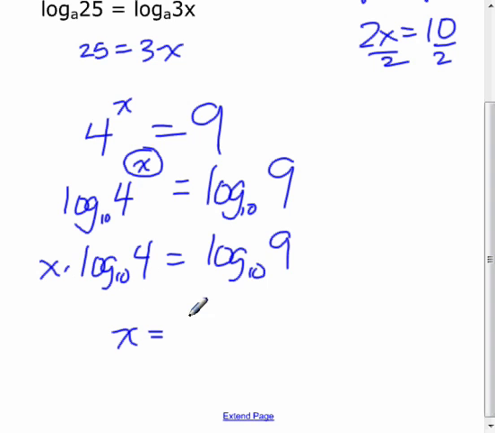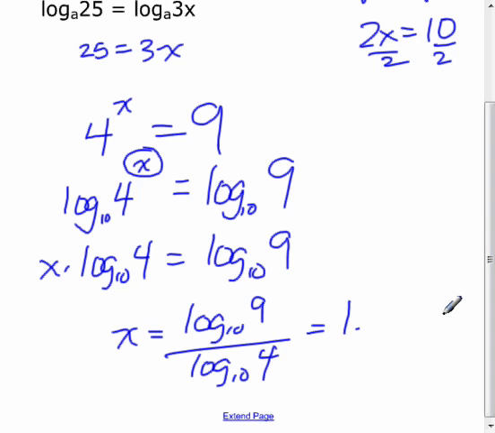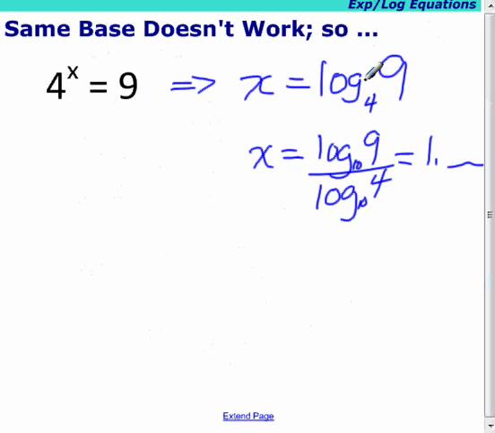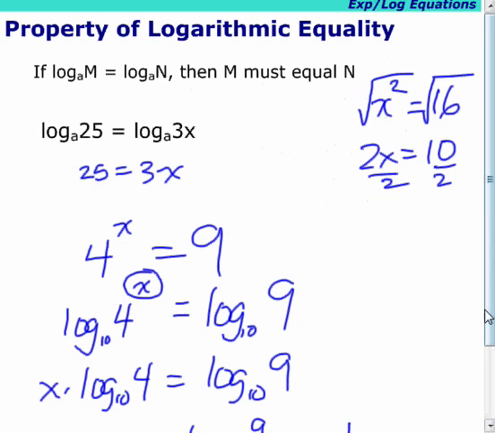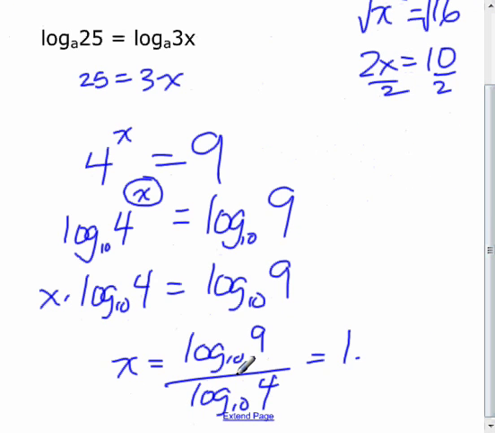Now I'll divide both sides by log base 10 of 4. And I can do this on my calculator. It'll come out to 1 point something or other. If I look back to the other slide, and using that change of base, or changing from exponential to logarithmic, and then using the change of base formula, notice I came out with the exact same answer.